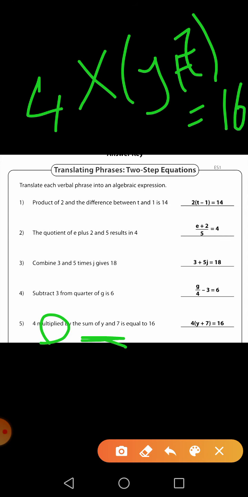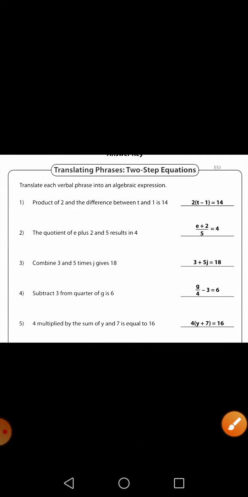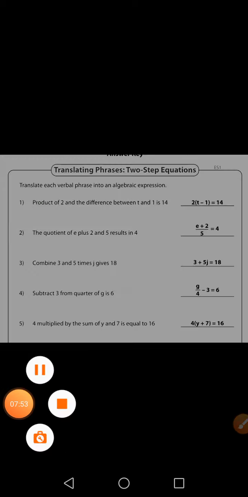Again, multiplied means multiply. So where are the terms? The first term is 4. The second term is the sum of y and 7, and since I have another operation, I should put parentheses between y and 7. Equals 16. And that's all. I hope you got the concept of how I can solve something like this. Thank you.